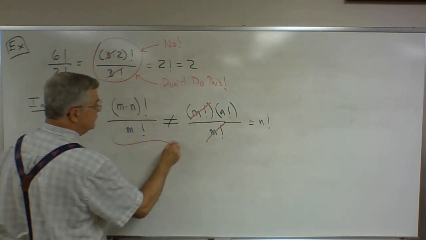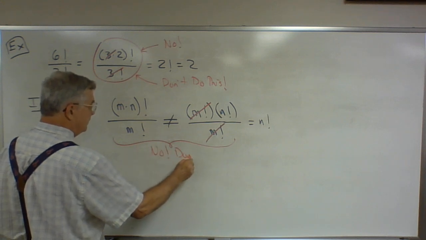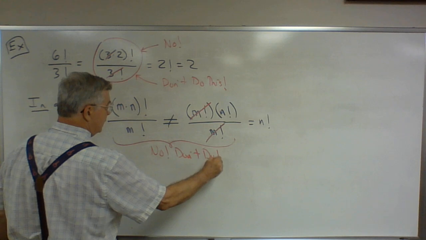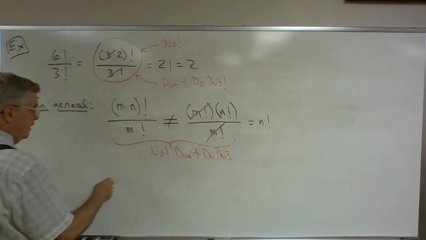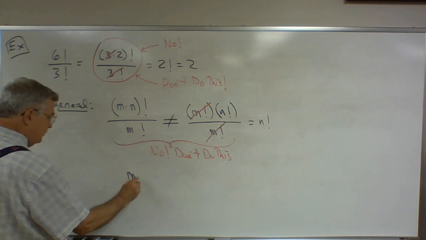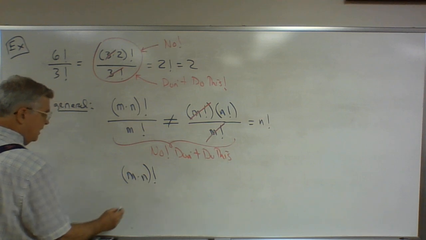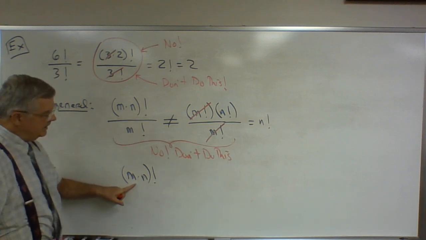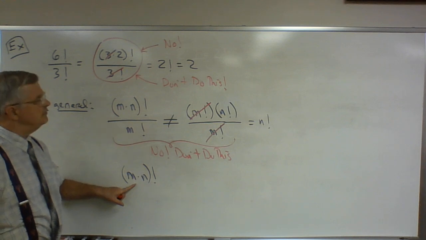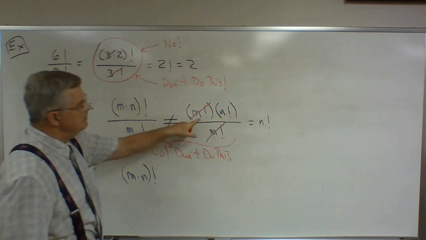And again, I'll say, no, don't do this. The error of my ways was this invalid assumption. How would we say this? Was I assuming that the factorial can distribute over multiplication?